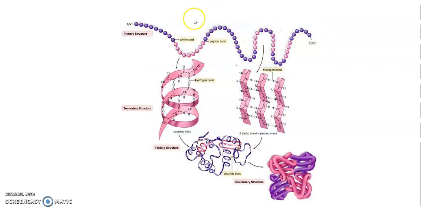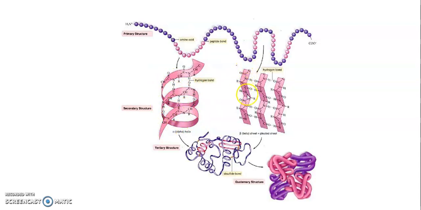But most proteins don't stay in a linear shape like this. They start folding against themselves, and then we get hydrogen bonds that occur between different amino acids. We could get a helical shape, which looks a little similar to DNA.